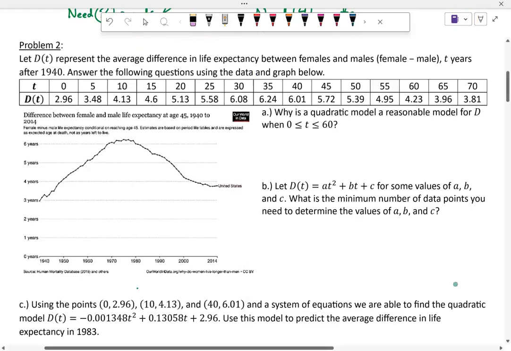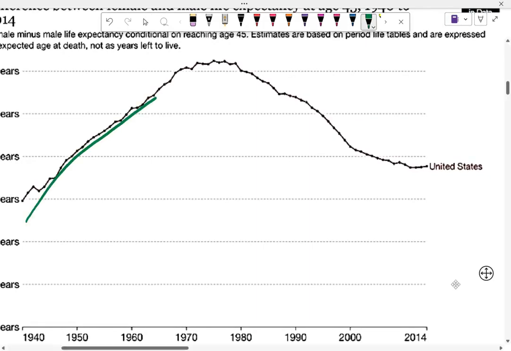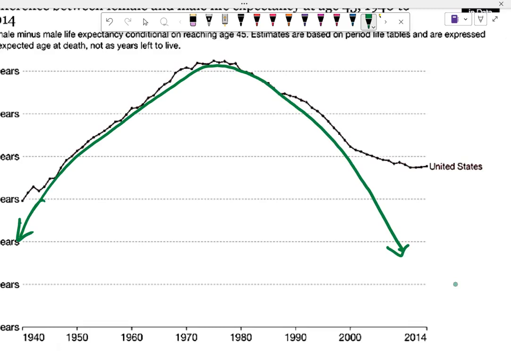So let's go ahead and look back at the data. First off, looking at this graph, does this have a parabolic shape? Yeah, it does, right? We can see, hey, that's kind of a parabolic shape, isn't it? For most of the data. When does it stop being parabolic in nature? What about right here? What year is that?